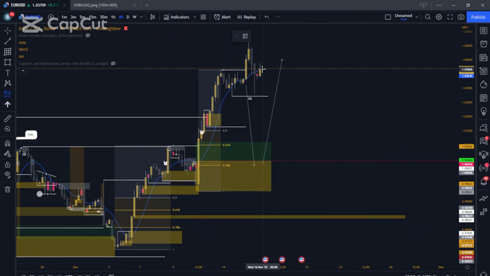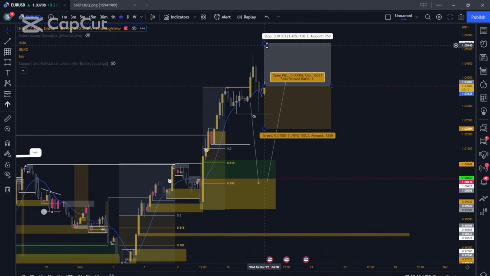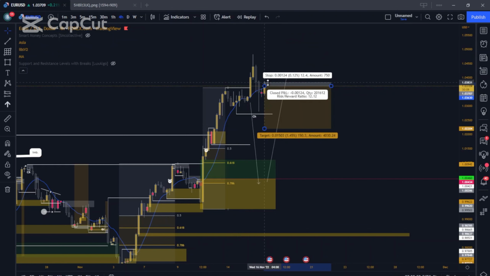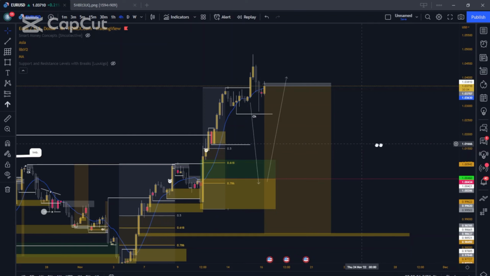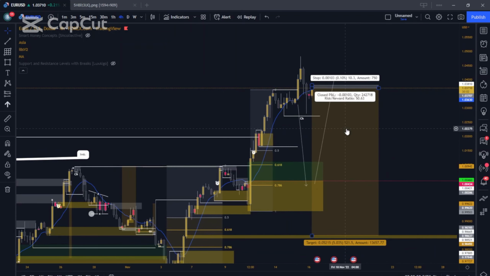You get into a position here. Stop loss is going to be your 12 pips. TP is going to be down there. So that's a 50R. Every 4R, you're going to take off 25% at 4R, another 25% at 8R, another 25% at 12R. The rest of that, you're going to hold to 50R.